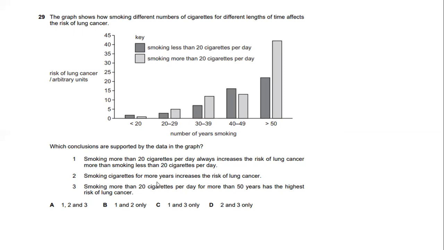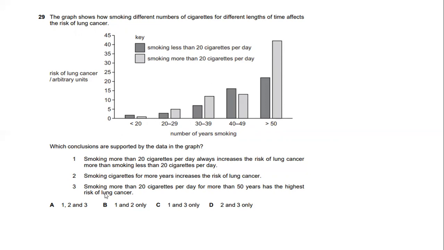Smoking cigarettes for more years increases the risk of lung cancer. Yes, it's true. If you see smoking more than 20 cigarettes per day and for more years, it increases the risk of lung cancer. Number 2 can be accepted.